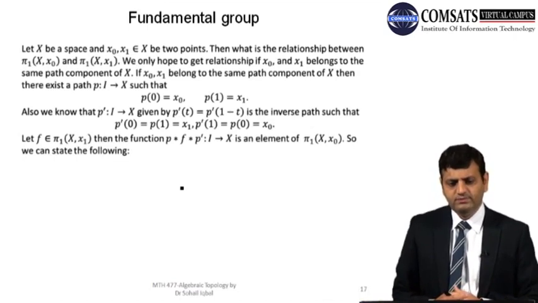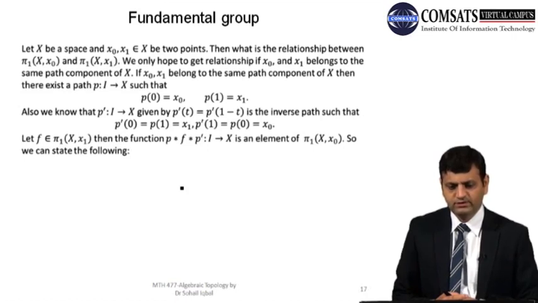Let x be a space and x0, x1 be 2 points. What is the relationship between pi1 of x, x0 and pi1 of x, x1? We only hope to get a relationship if x0 and x1 belong to the same path component of x. If x0, x1 belong to the same path component of x, then there exists a path p from I to x such that p of 0 is x0 and p of 1 is x1.